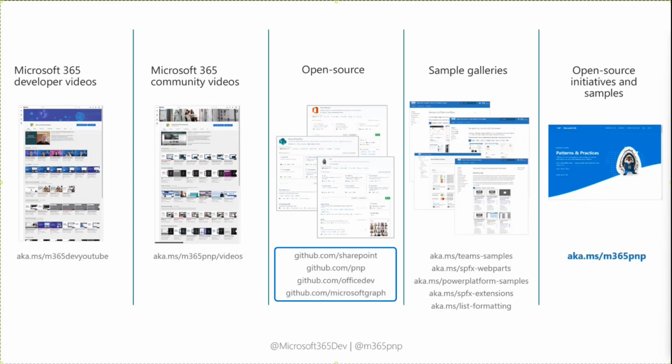We have a lot of open source assets available. And as it's hard every now and then to find those individual samples from GitHub directly, we have different sample galleries, which make it easier for you to find the relevant sample. And if you're wondering whether there are too many URLs to remember, luckily there's only one from where you can access all of these assets, which is aka.ms/m365pnp.